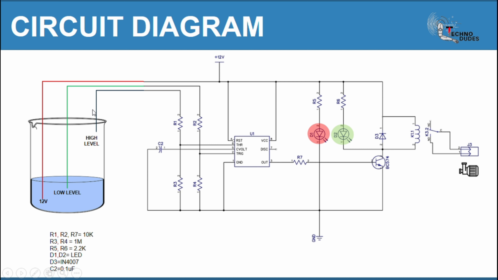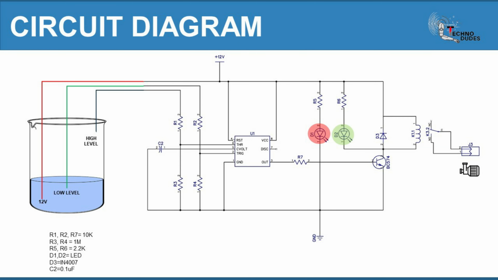The high level is connected to pin number 6 through a 1 mega ohm resistance. We have used this 1 mega ohm resistance for isolation from ground. The low level is connected to pin number 2, and also we have used a 1 mega ohm resistance for the isolation of pin number 2.